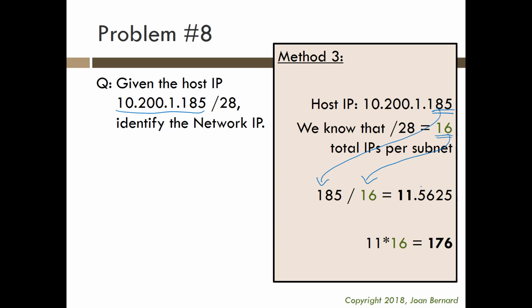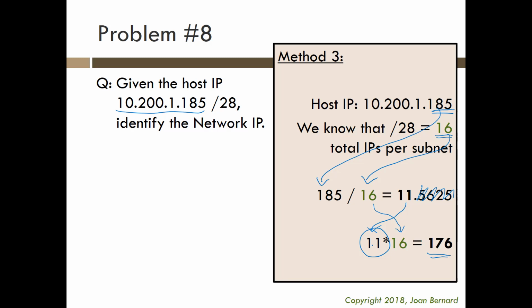We don't really care about the remainder, so we just scratch that out. Then I take 11 times the number of total IPs, 16, and I get the network IP of 176. This 11 tells me the subnet number, if we counted all of them, that would be the subnet numbered 11.